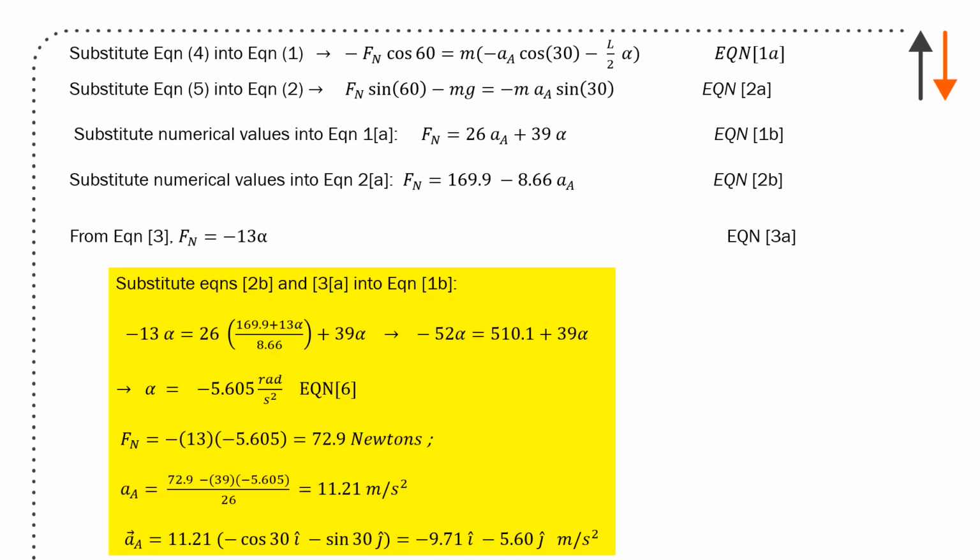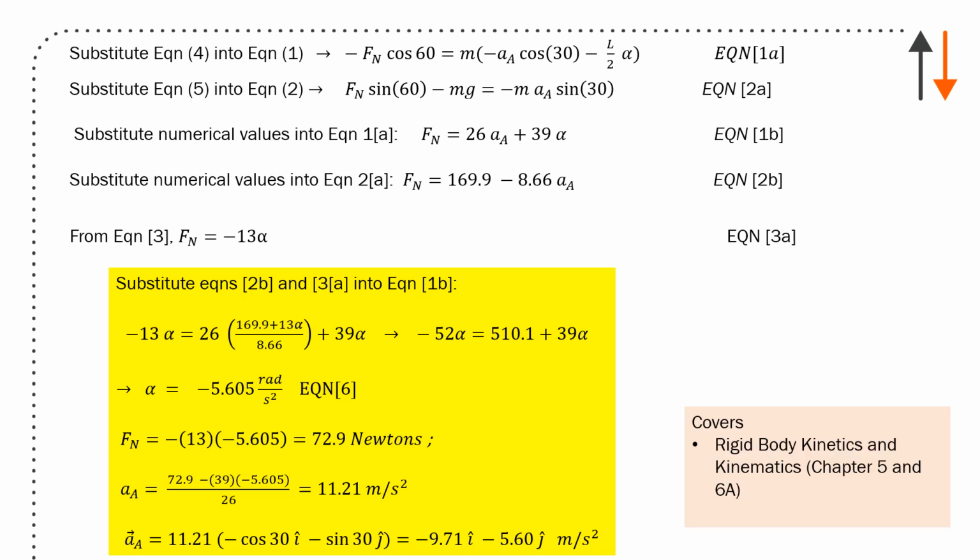So you have three equations, three unknowns, substitute in, and you can solve through for alpha, which is minus 5.61 rad per second squared, and acceleration A, which is equal to 11.2 meters per second squared. And acceleration A with the directional components is minus 9.71 i plus or minus 5.6 j meters per second squared.